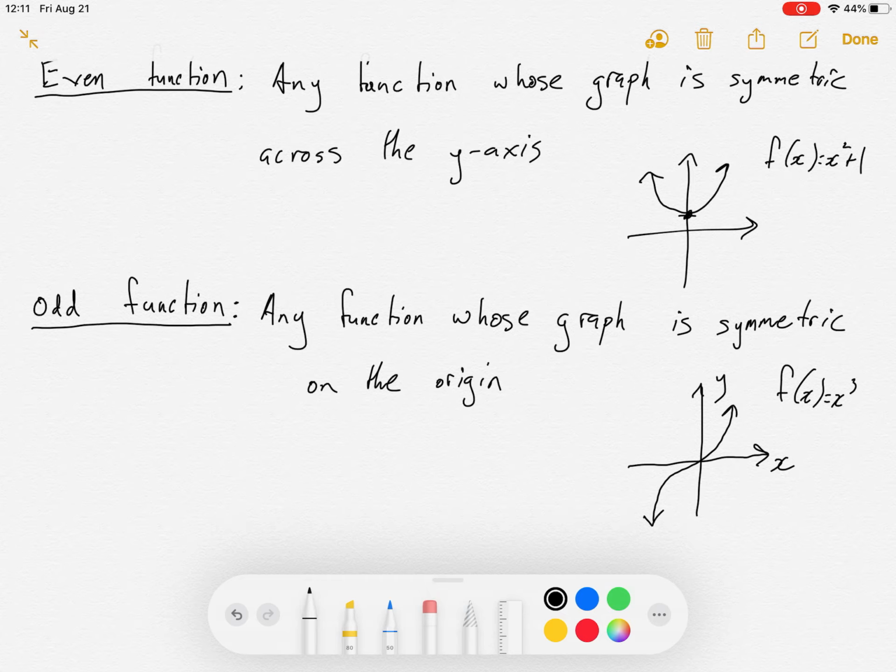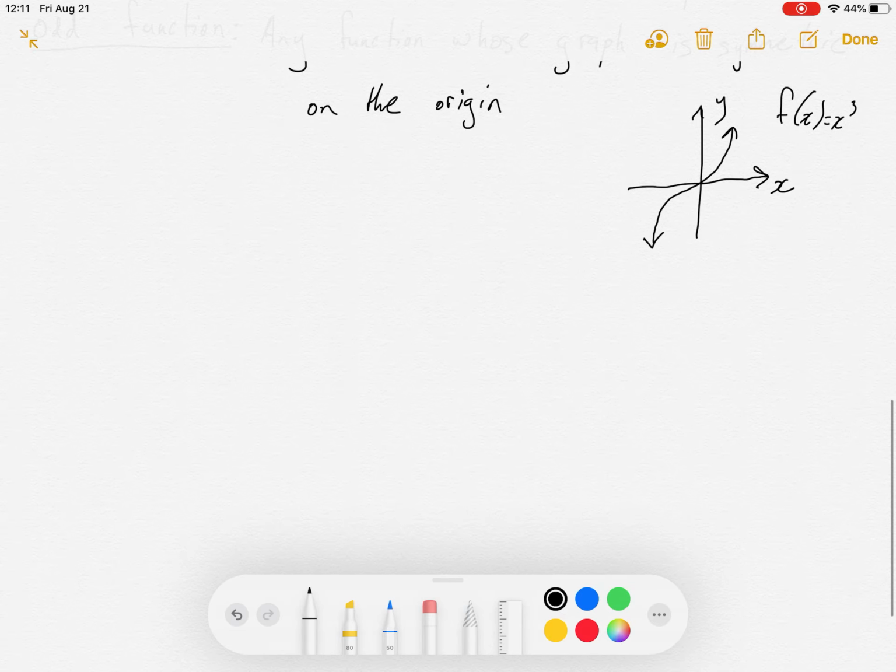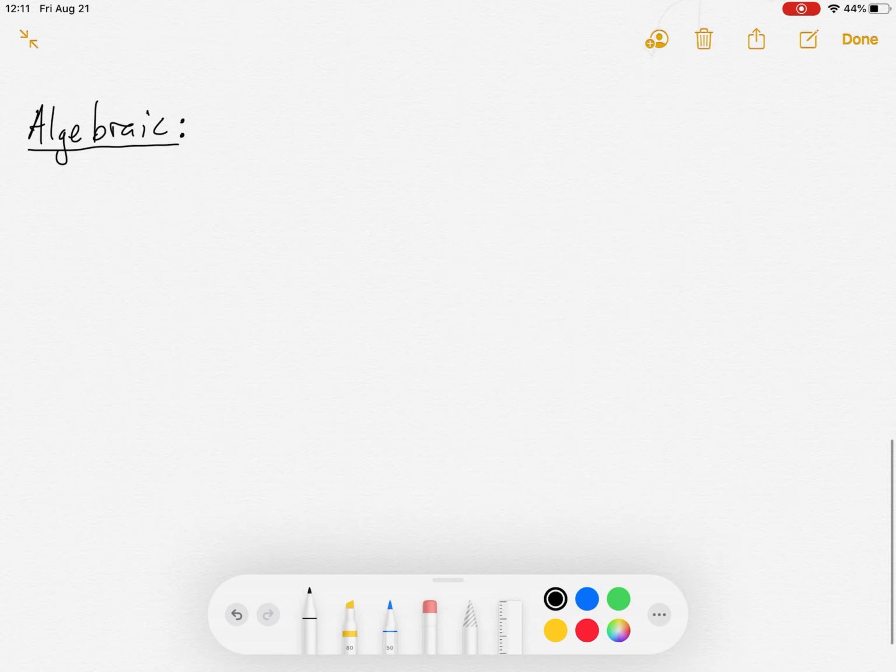So now let's talk about the algebraic method of showing symmetry. And in order to do that, I'm first going to give you kind of the rules here.